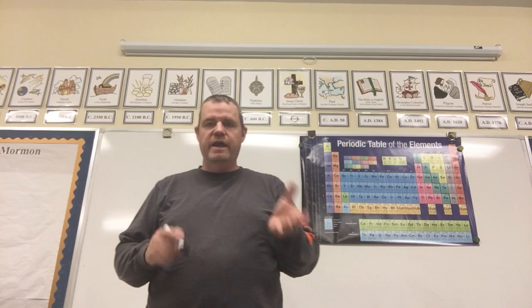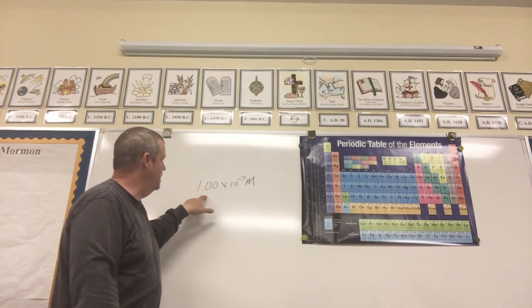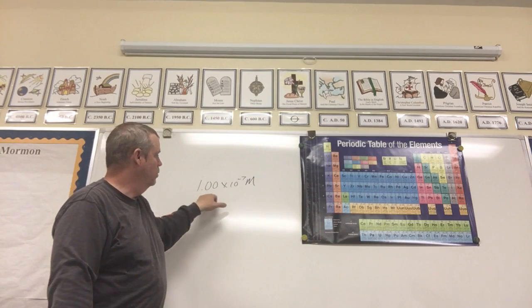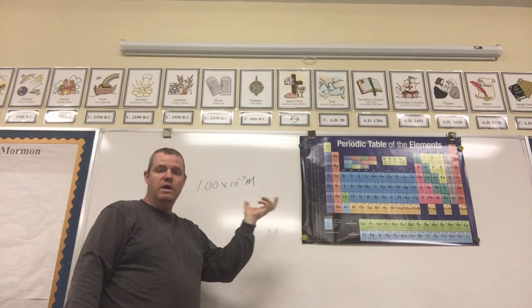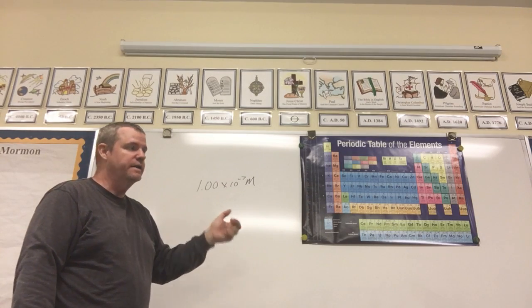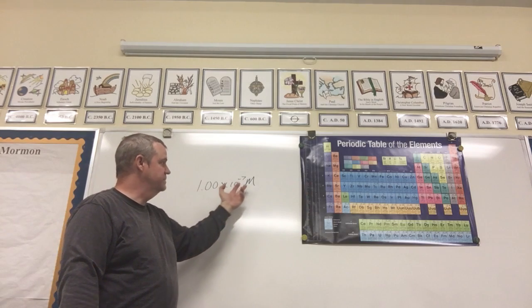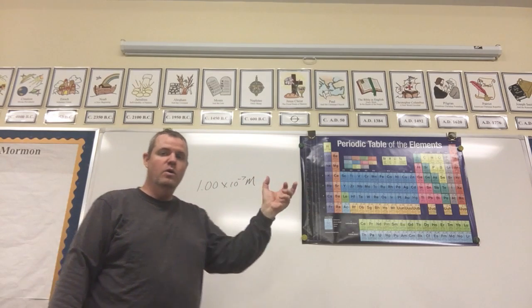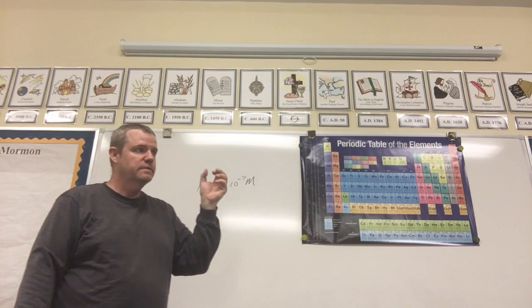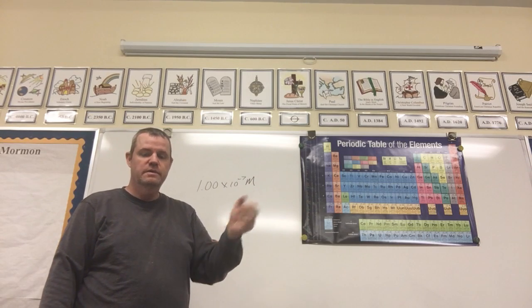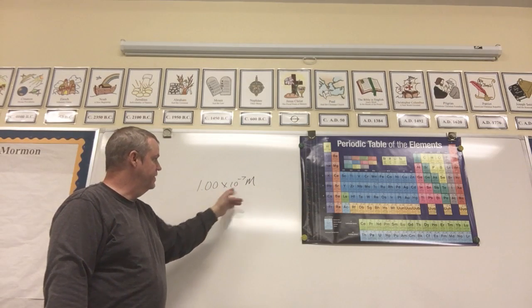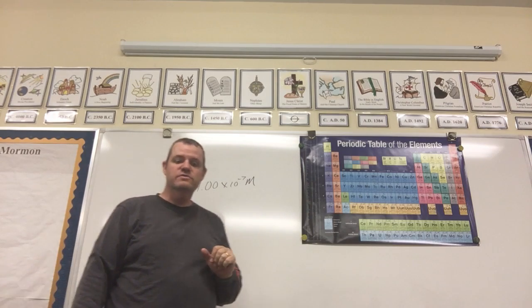Now, whenever you have this, you're going to have 1 times 10 to the minus 7th of H3O hydronium ion, and you're going to have 1 times 10 to the minus 7 OH hydroxide ion, so they'll be 10 to the minus 7th as well.